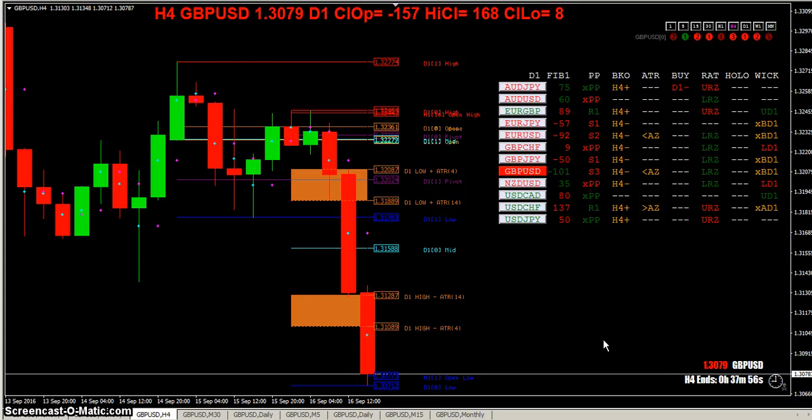Now, one of the things I've learned with the pivot point is if you're doing the holo trade, like right here, you can see there's no holo trades to be had at the moment. But if it gets near a pivot point, look for a holo trade. So it's simple.